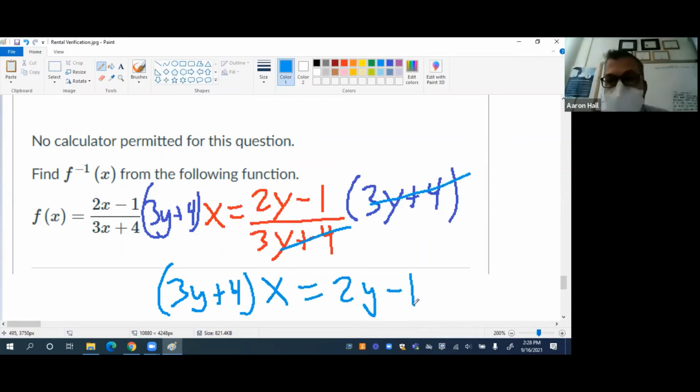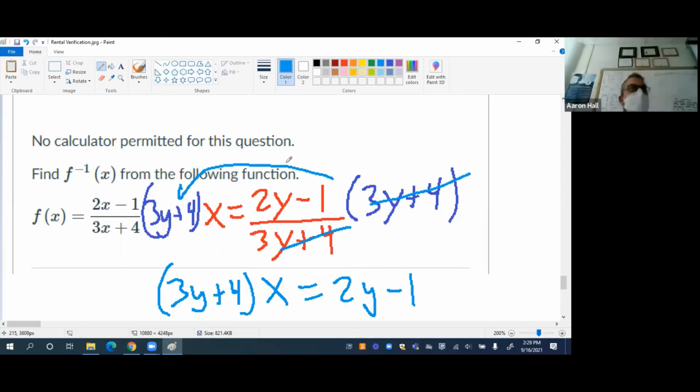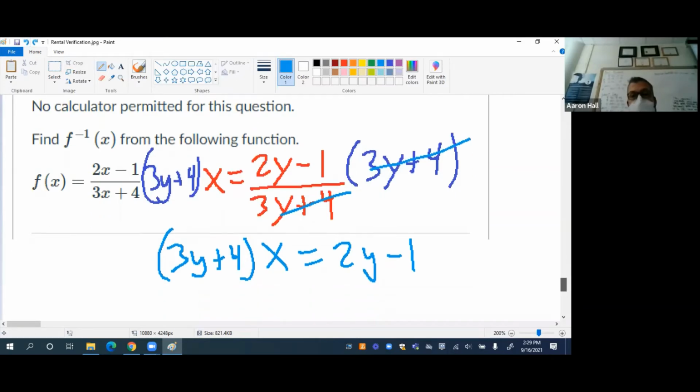Do you agree that it sounds anti-intuitive to you? We're trying to solve for y, but yet I'm moving y away from this other y. It sounds counterintuitive, right? That we do that. Right, now what?